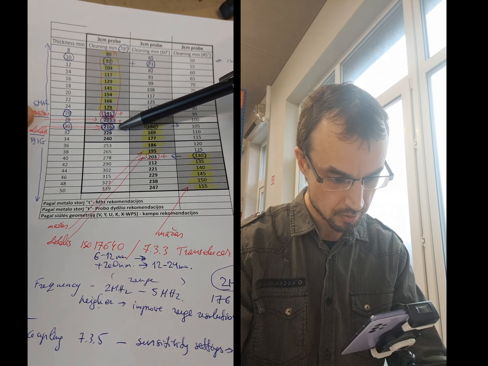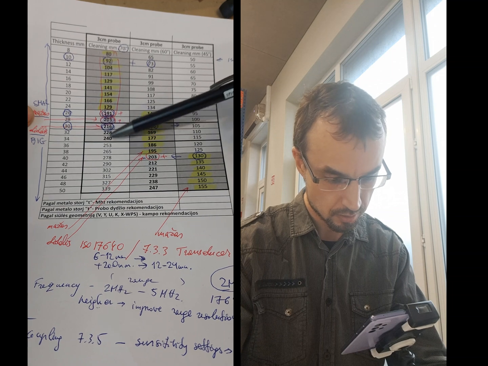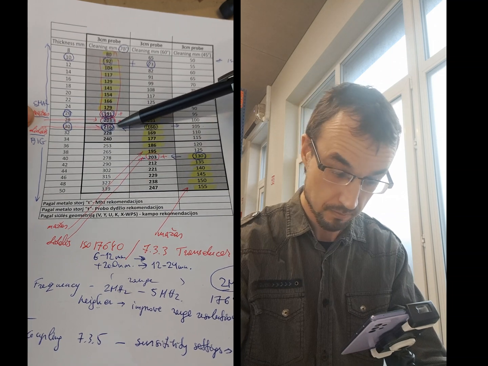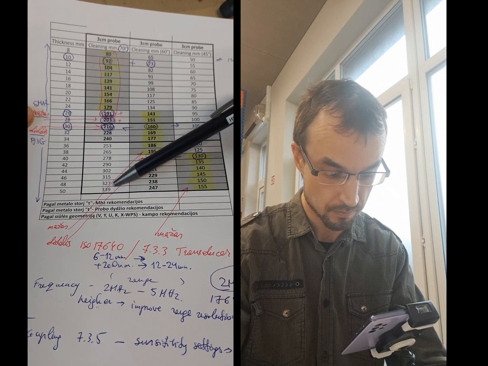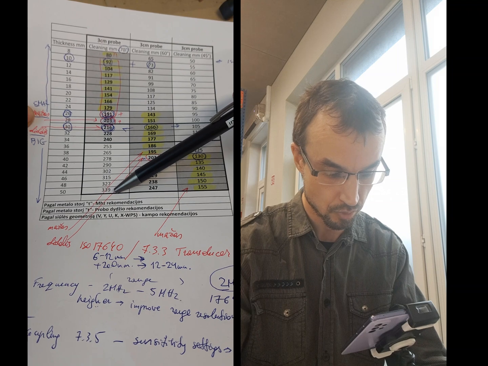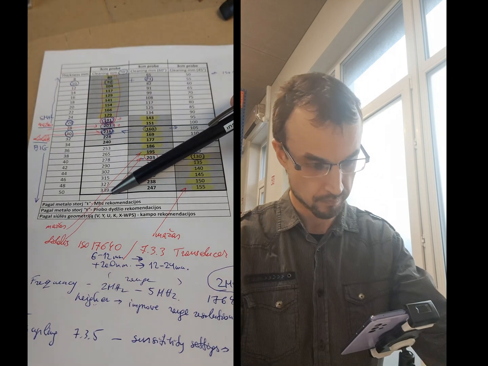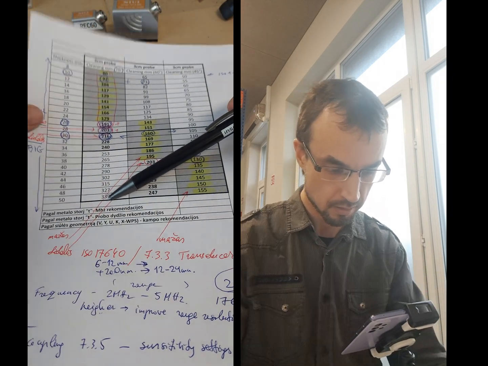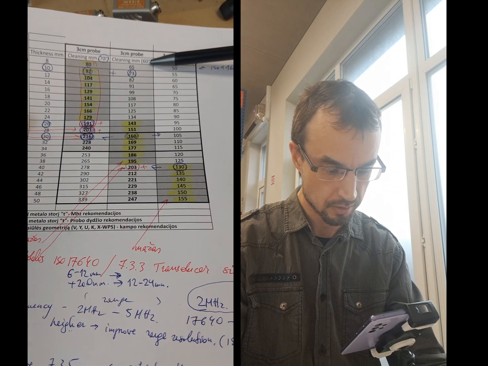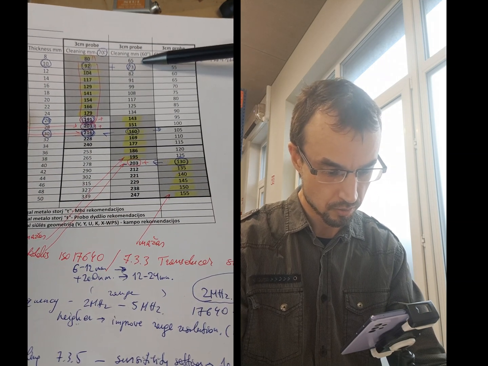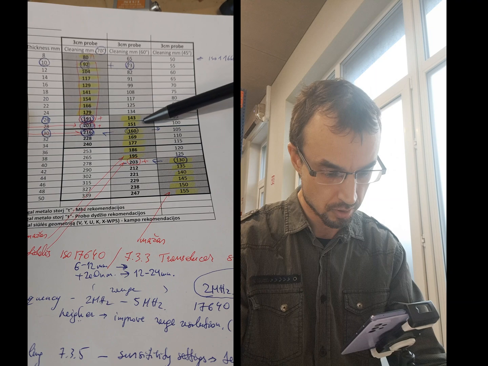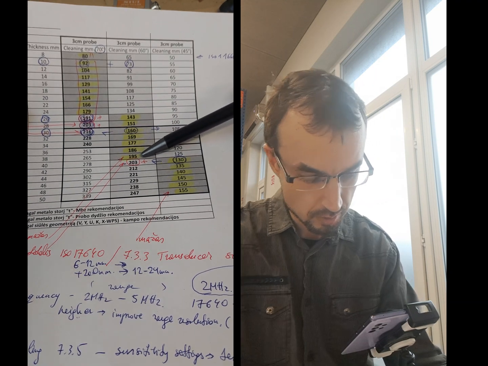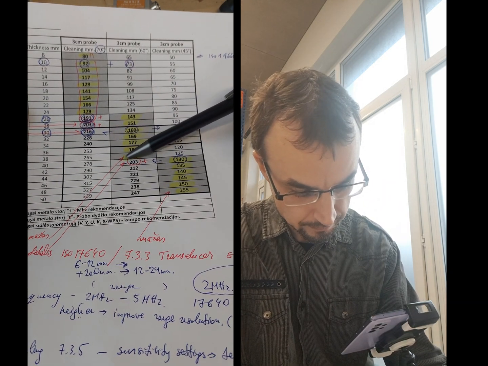Now, then you should use the bigger probe. Now, if the angle is 60, you can use a small probe until something here.